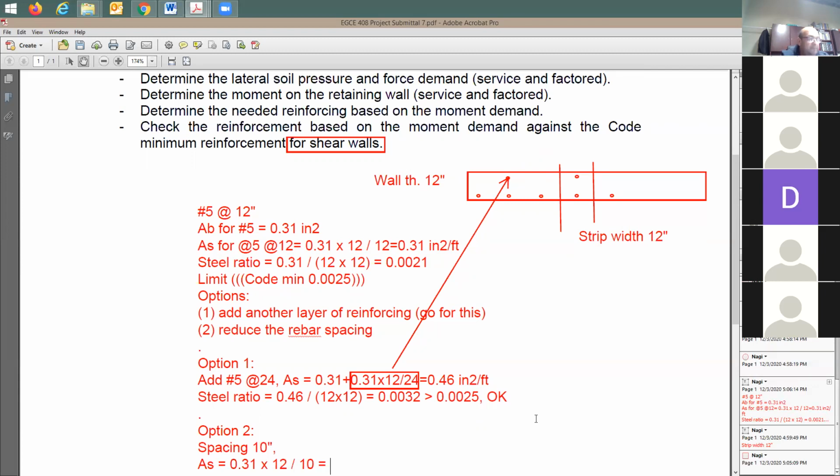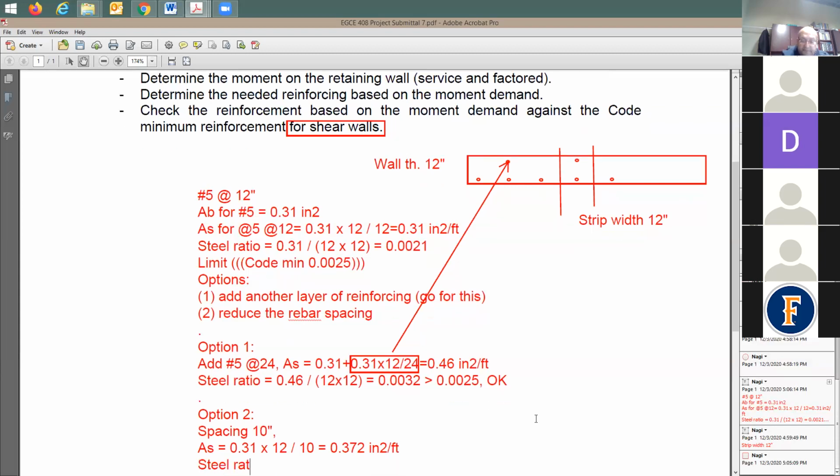How much is this? 0.372. Now the steel ratio, how much? 0.0026. Is this good? Yes.